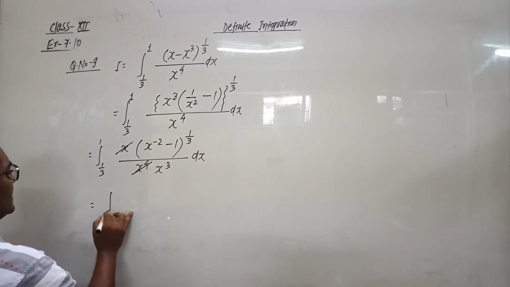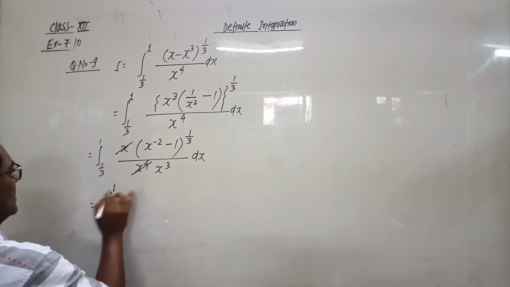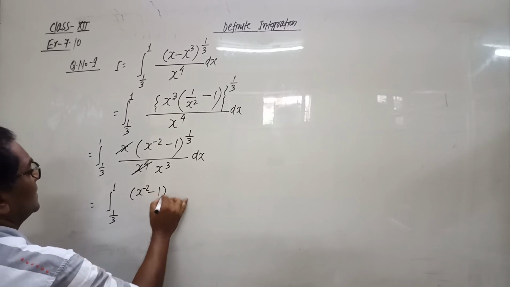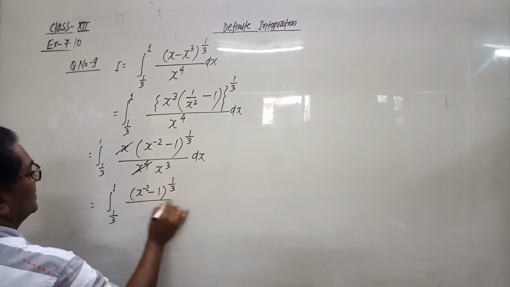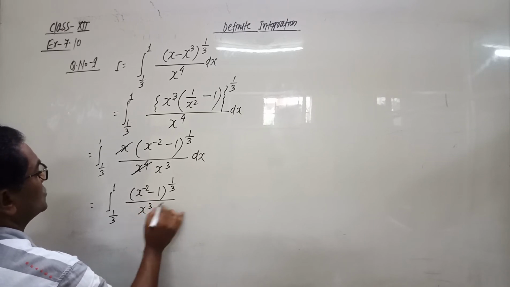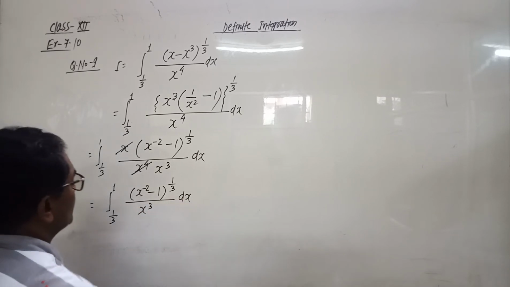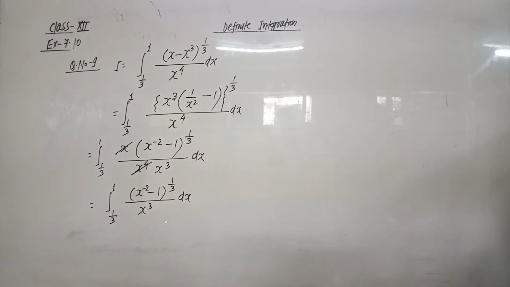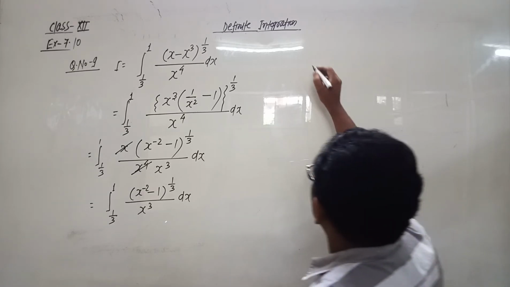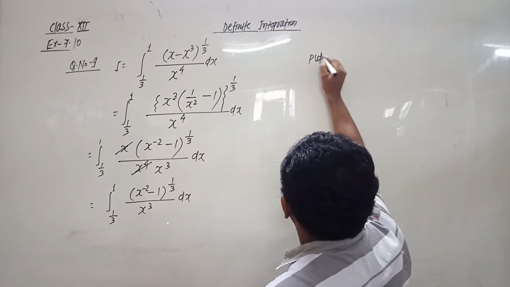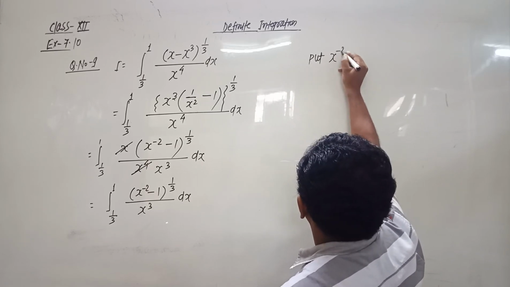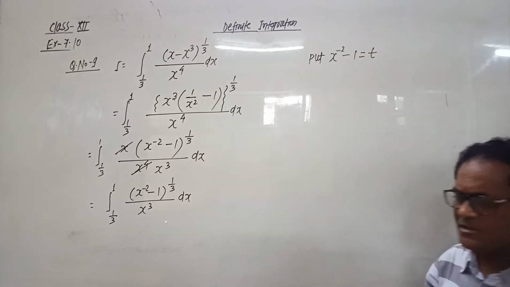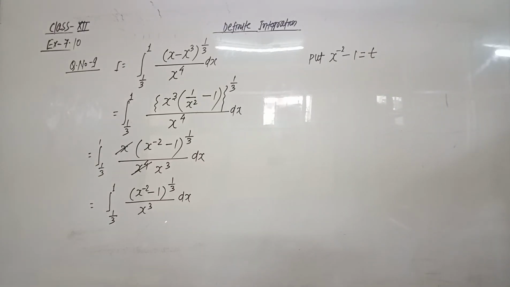So we get integration, limit from 1 by 3 to 1, of x raised to the power minus 2 minus 1, whole raised to the power 1 by 3, upon x cube, and dx. Now we put the term containing the bracket as t. So put x raised to the power minus 2 minus 1 equals t and differentiate both sides with respect to x.